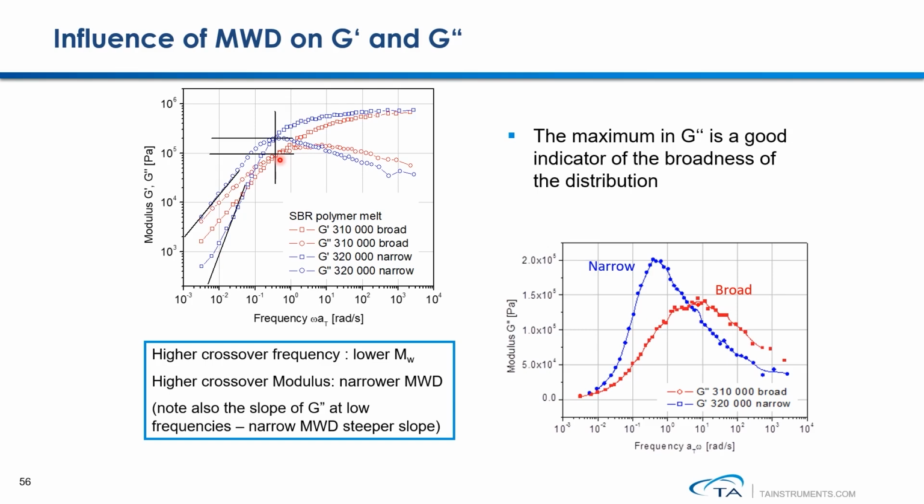Now, let's summarize how we use this frequency sweep experiment, especially the G crossover point, as an indicator to compare polymers with different molecular weight and molecular weight distribution. When conducting a frequency sweep measurement on a series of such polymers, if one polymer shows a higher G crossover frequency, it potentially has lower molecular weight.